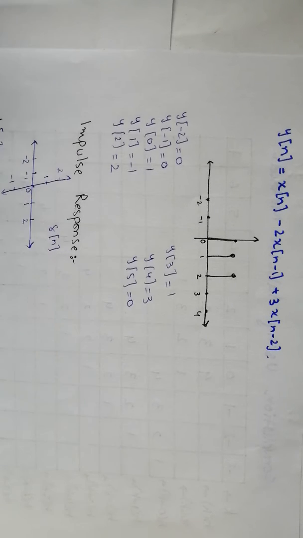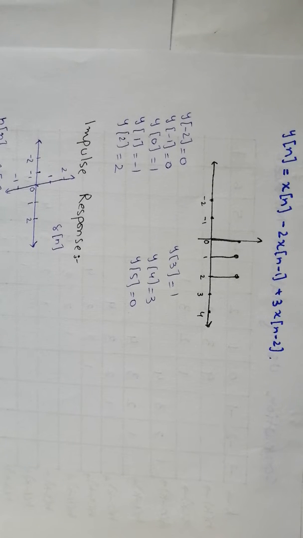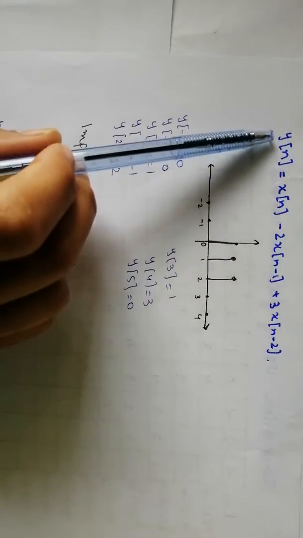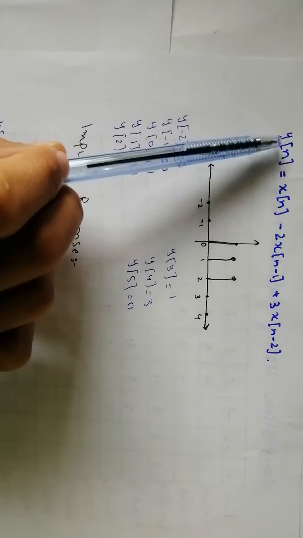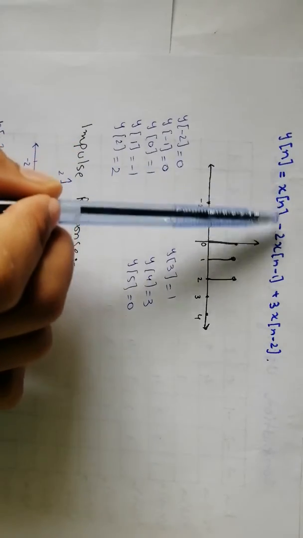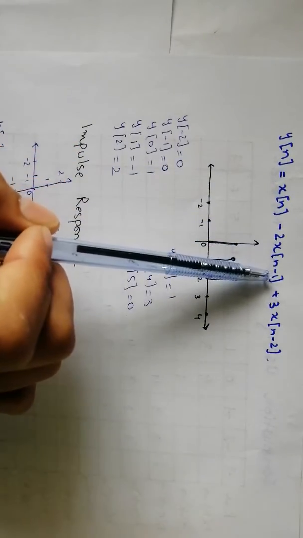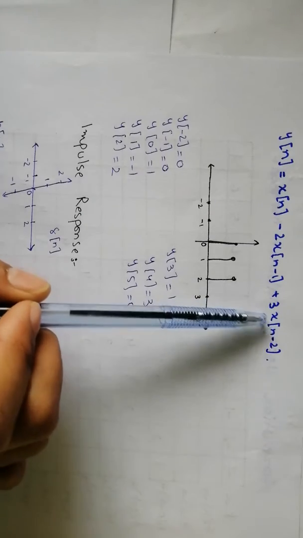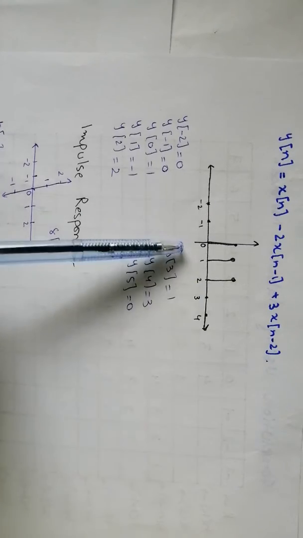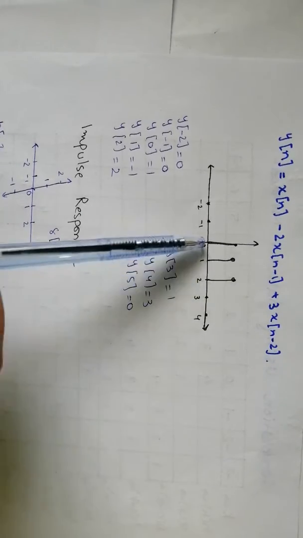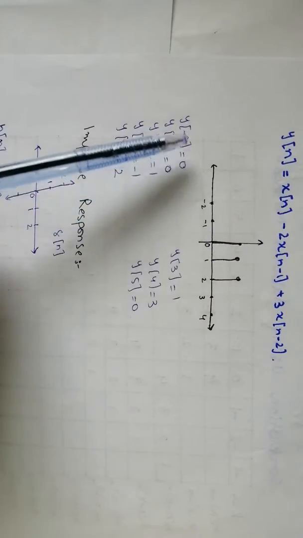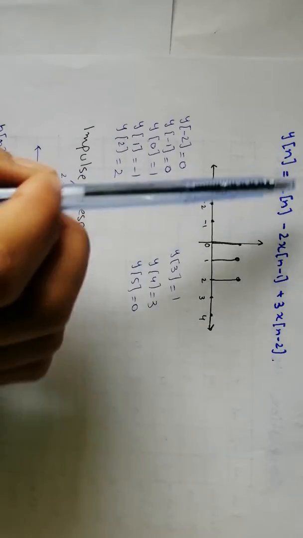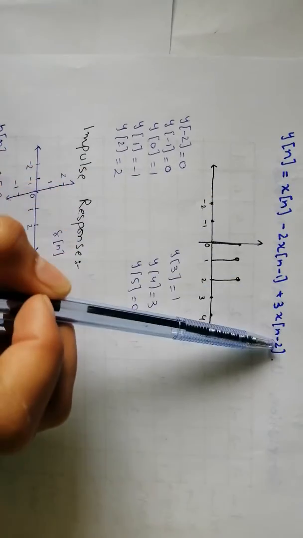Let's see why we found an impulse response system and how it is beneficial for our use. Let's suppose a system is this, and y of n is equal to x of n minus 2x of n minus 1 plus 3x of n minus 2. So here is the system. Signal x of n will do calculations here and put every single value in here.